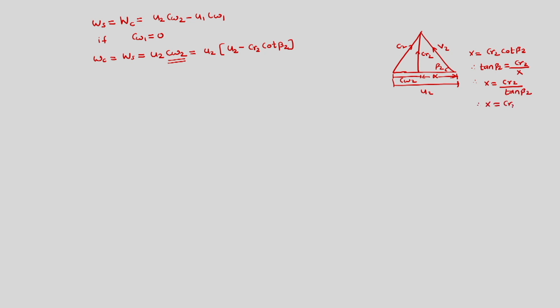So X is equal to CR2 cot beta 2. So CW2 is equal to U2 minus X, and this X is basically CR2 cot beta 2.